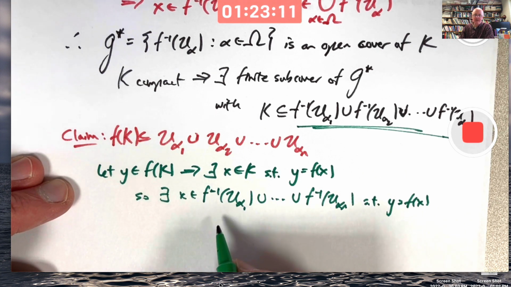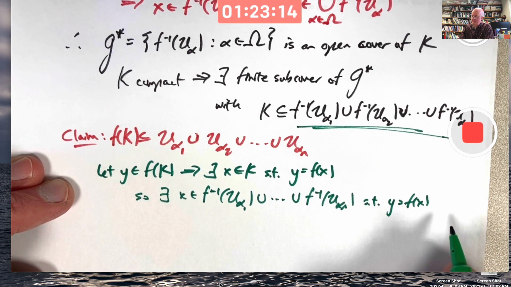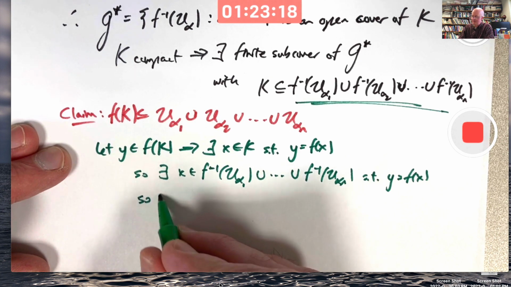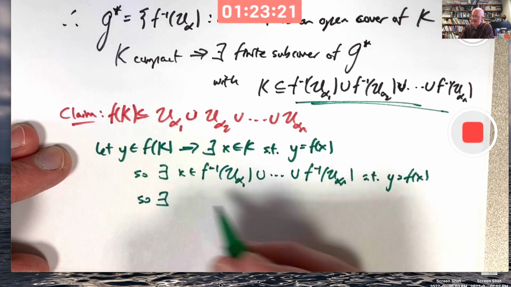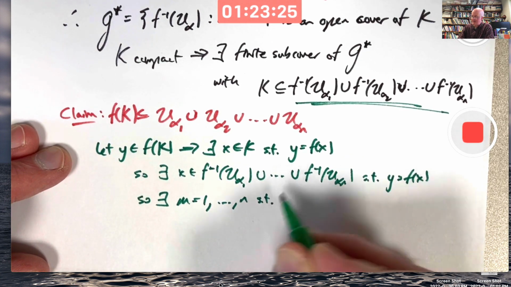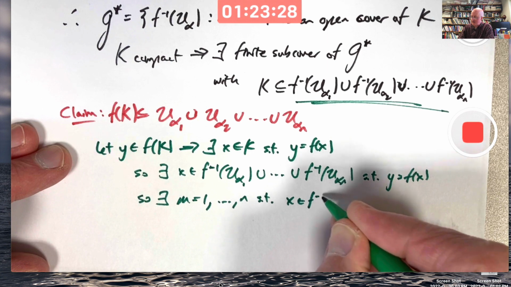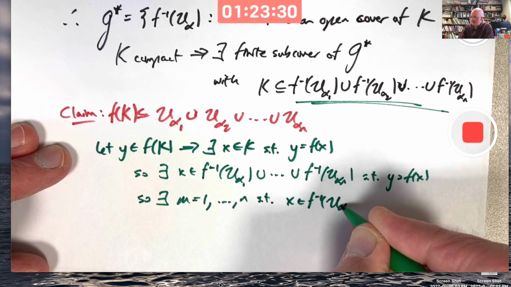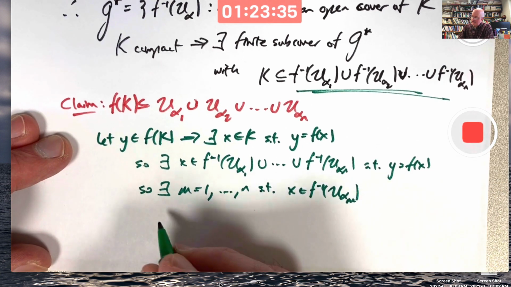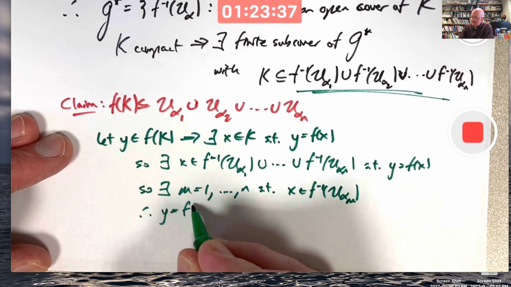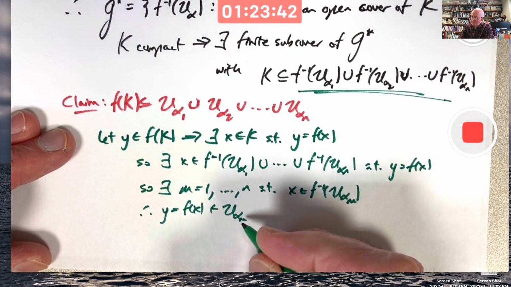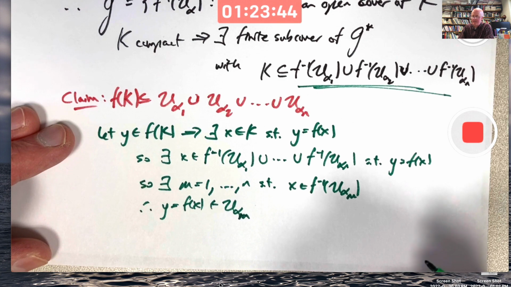So f of x is going to be in one of the U's, but y equals f of x. To be extra picky about it, there exists an m from 1 to n such that x is in the preimage of U sub alpha m. Therefore, y equals f of x is in U sub alpha m for some m from 1 to n.